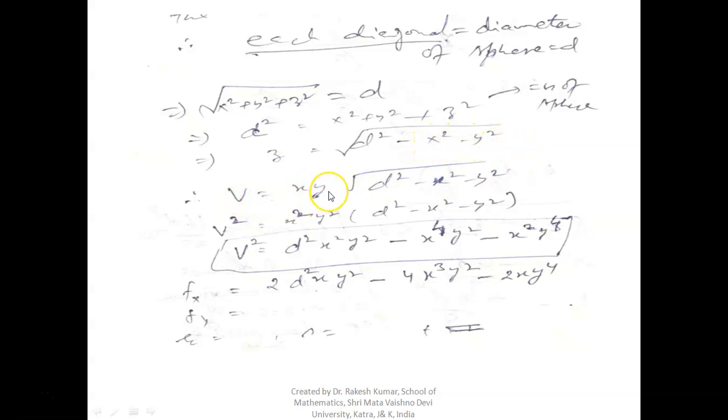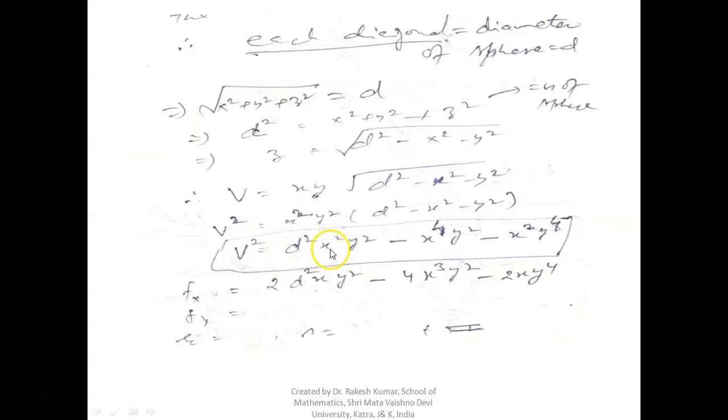Therefore V equal to x, y into z. Z is this. Just expanding this, multiplying, we get v square like this. Now let us consider v square as f, and then we can find out fx.